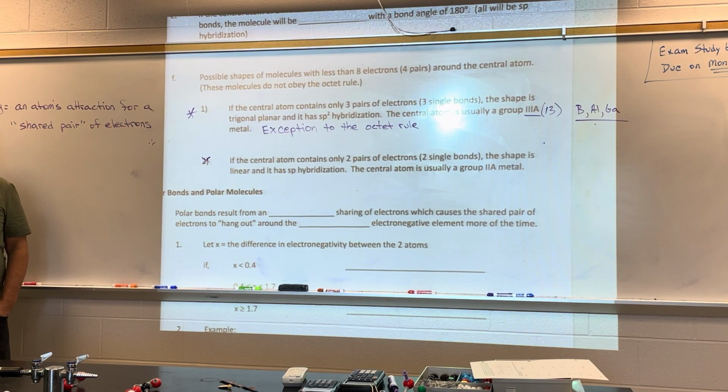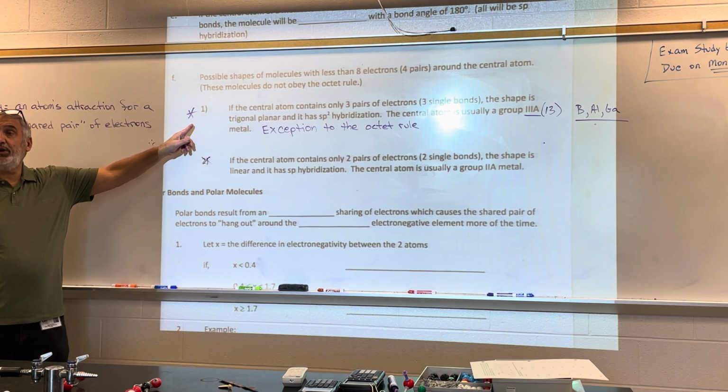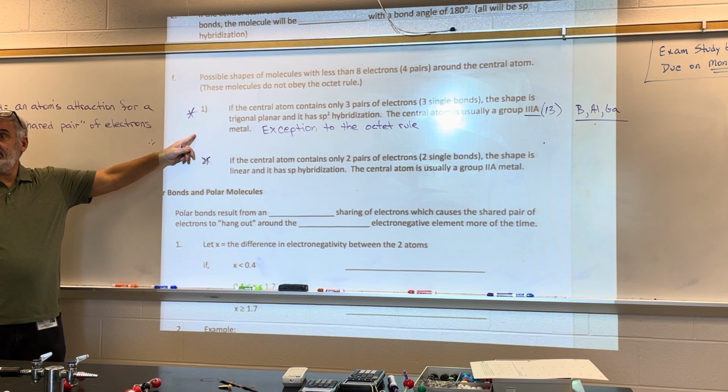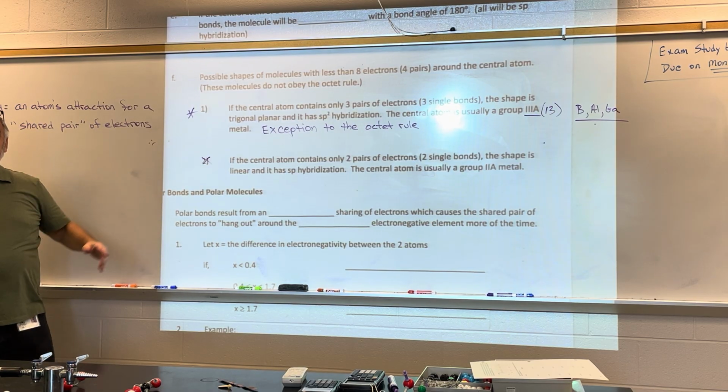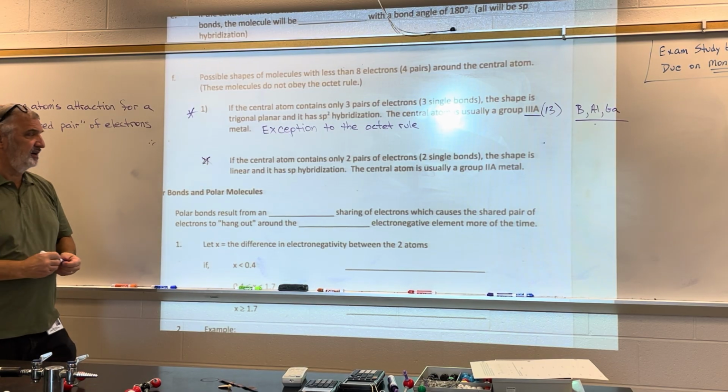Normally group 2 is going to form ionic bonds. We're not going to worry. We're not going to call this covalent bonds, so don't worry about that. Okay? So this is the exception. You just somehow or other, boron, aluminum, gallium, those show up. You just have to know they only need 6 electrons, not 8. That's just the one exception here. All right, so that's kind of the VSEPR theory.